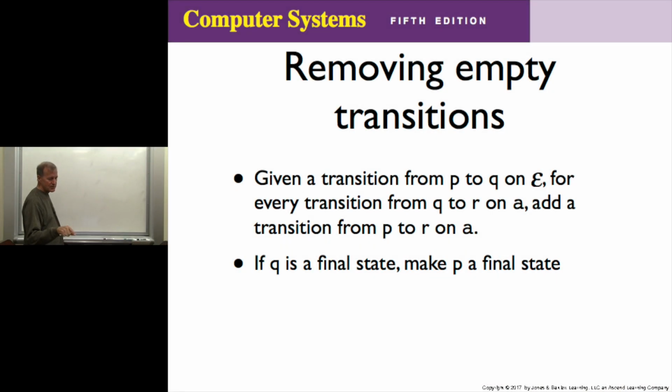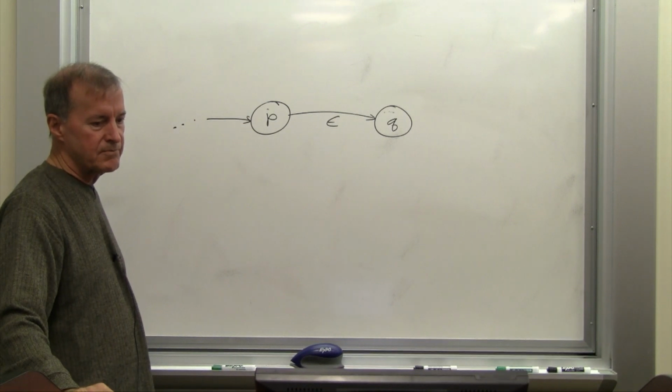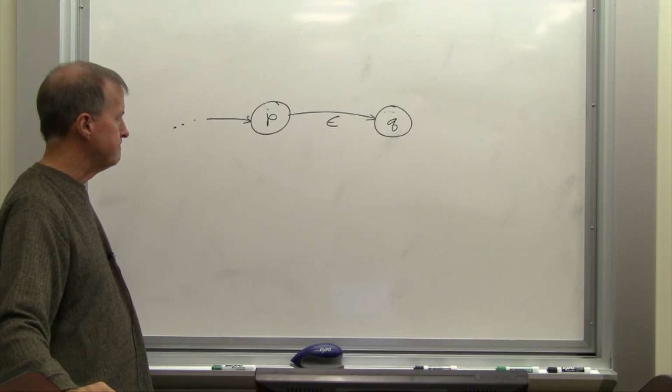Now let's see what this slide says. Given a transition from P to Q on the empty string. So let's let this state be P and this state be Q, and this is the empty transition.